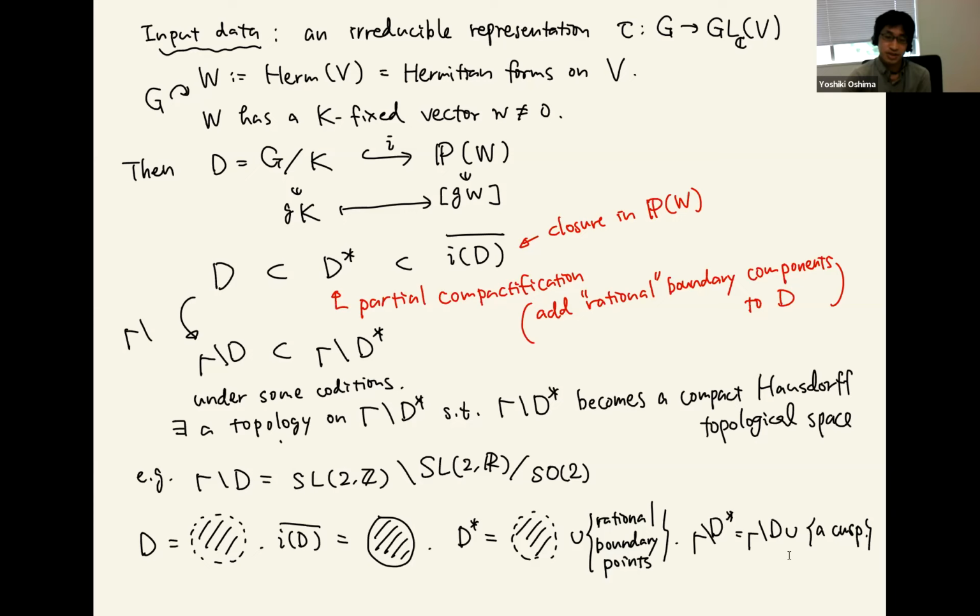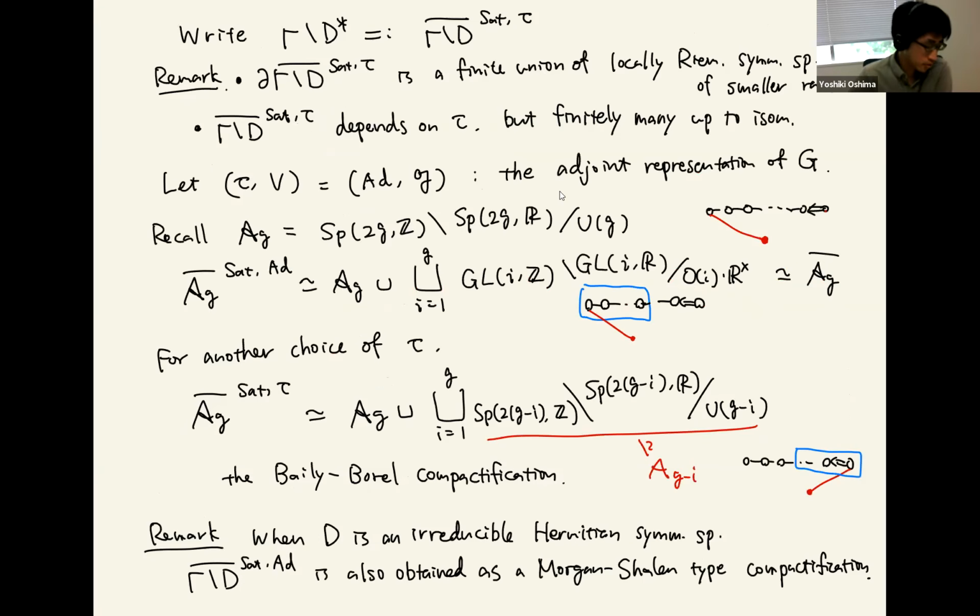So this is a well-known compactification of the modular curve. We write this compactification in this way, Sat tau. So this depends on tau, and there are several remarks.